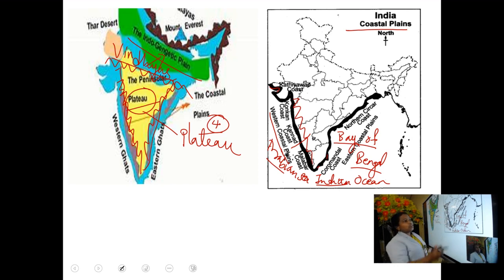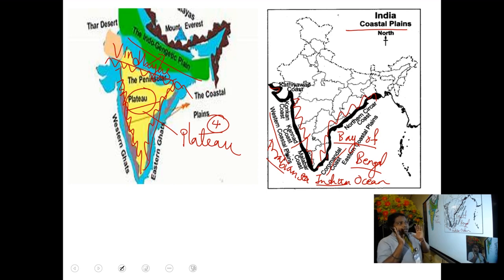Here on the Bay of Bengal side, the northern part of the eastern coastal plain is called Northern Sarkar coast, and the southern part is called Coromandel coast. This eastern coastal plain exists between the Eastern Ghats and the Bay of Bengal.